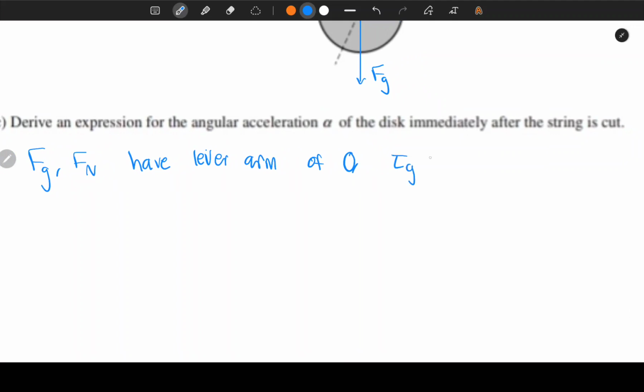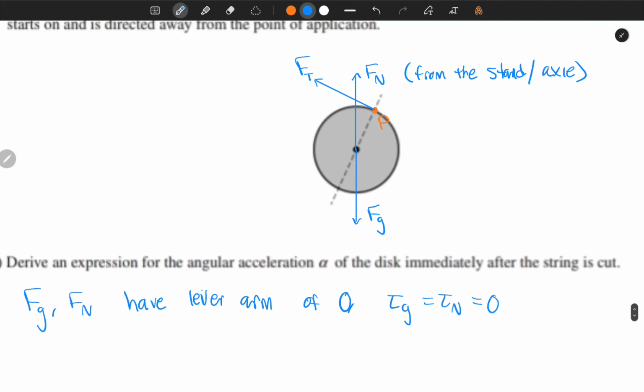So the torque from gravity is equal to the torque from the normal force, and it's equal to 0. That's because these forces act at the point where the axle passes through the wheel. So they have no lever arm, meaning the torque is 0.